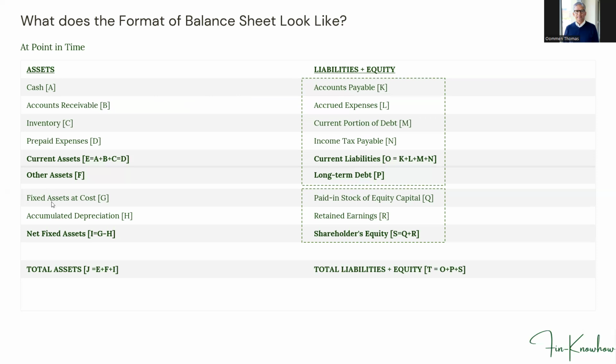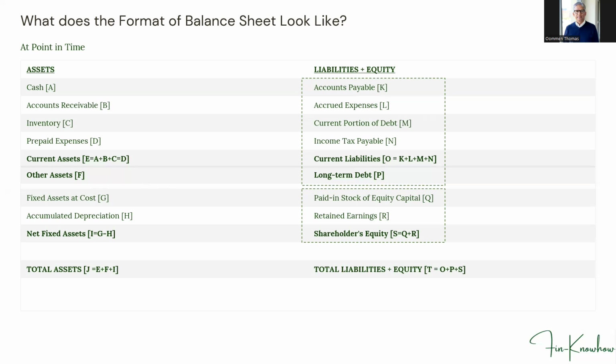At the other end of the spectrum, you will see fixed assets. Let's say you have a large piece of machinery. Those assets are not easy to sell, so you may not be able to convert them to cash at very short notice. So those kinds of assets will show up toward the bottom of the column within the asset side of the balance sheet.